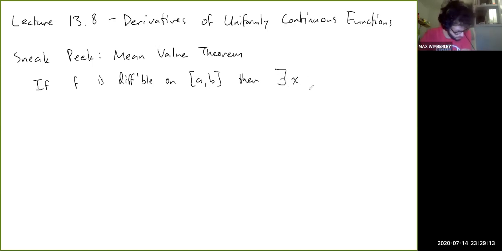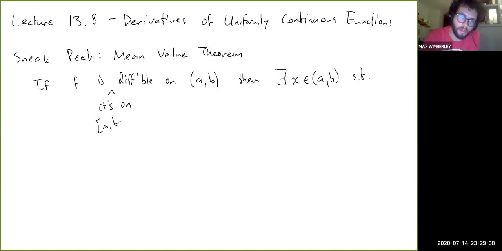Oh yeah, actually, I think you don't need differentiability at the endpoints, because it doesn't make sense to. Okay, sorry. If f is continuous on [a, b] and differentiable on the open interval (a, b), then there exists an x in the open interval such that f prime of x equals (f(b) minus f(a)) over (b minus a).